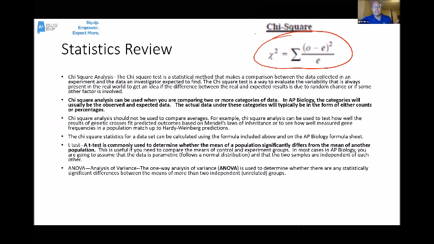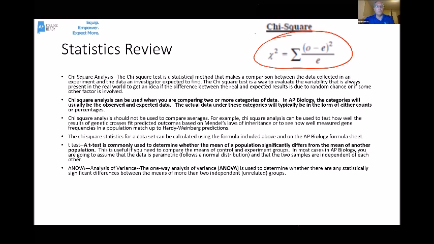It's a test that's essentially used to compare two groups of data, usually categories, where you're either counting the individuals in the two categories and just comparing there's 10 of these and 20 of those, or sometimes it could be percentages. 20% are in this group and 80% are in this group. So you're either comparing counts of categories or percentages of categories.